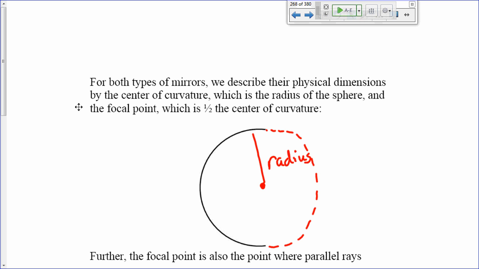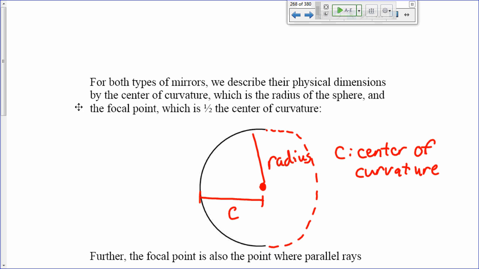And we'll call the distance from here to here C, and C is called the center of curvature. That's just the radius of the sphere from which you've cut the mirror. So it's not some small radius, it's the radius of the big sphere that you've cut the mirror out of.